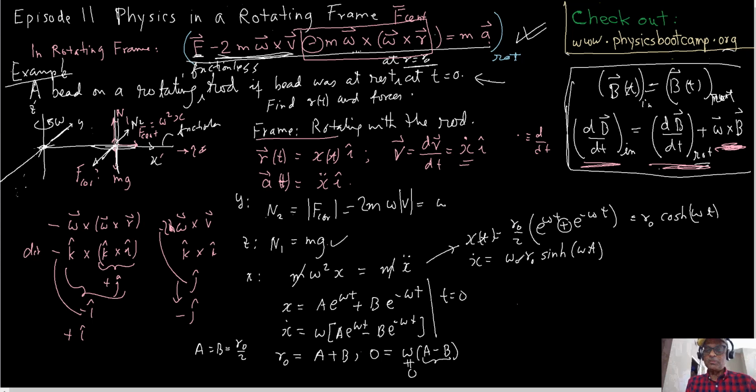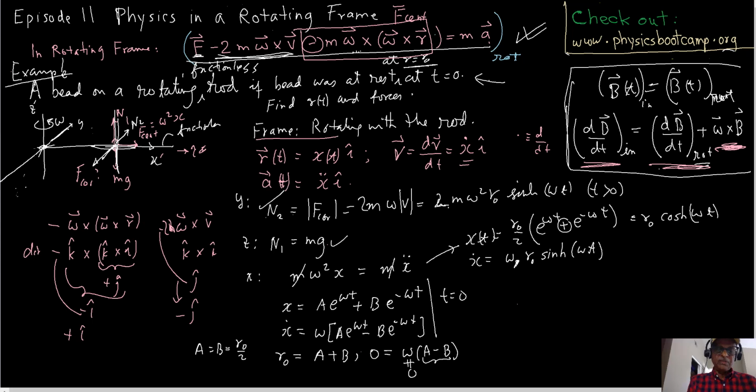Oh, there's not omega 0, it's omega. So you have a 2m omega and another omega square r0 sinh hyperbolic omega t. And we are assuming t greater than 0.